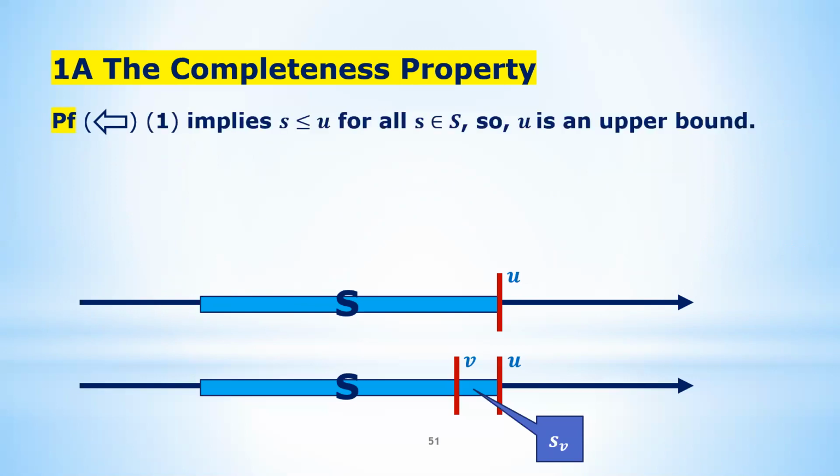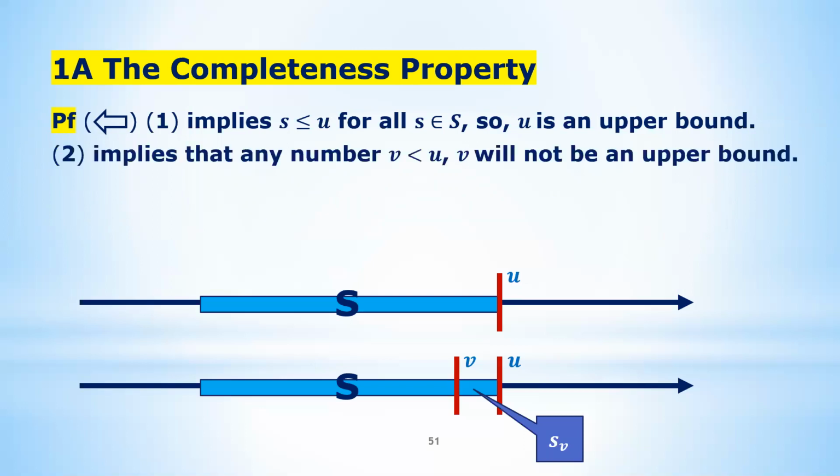So let's begin with property 1. I'm going to use these 2 properties one at a time. Property 1 implies, as a direct consequence, that S is always less than or equal to U for any element in S. So this property simply says that U is an upper bound.